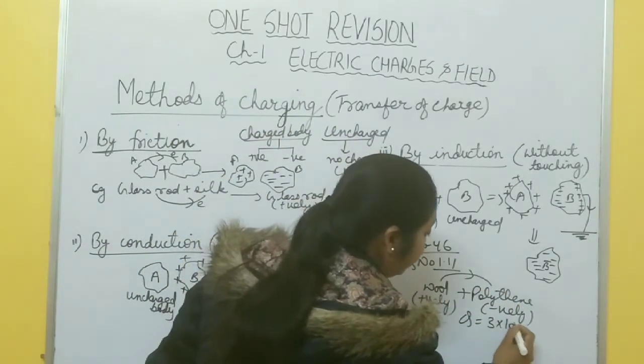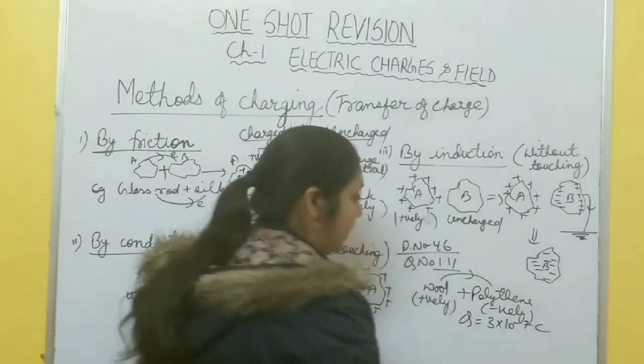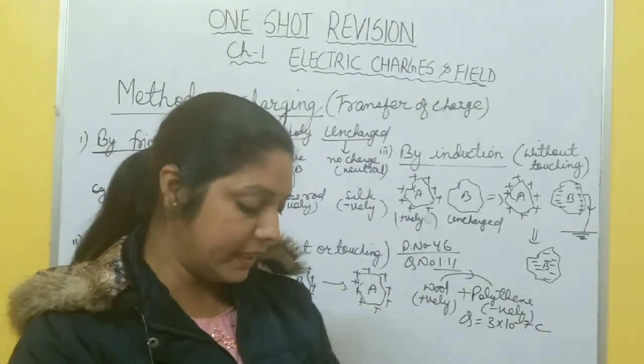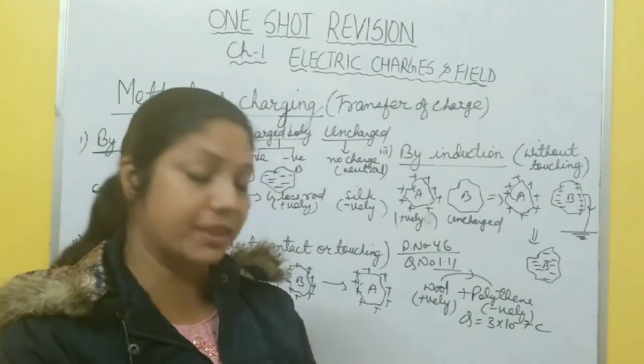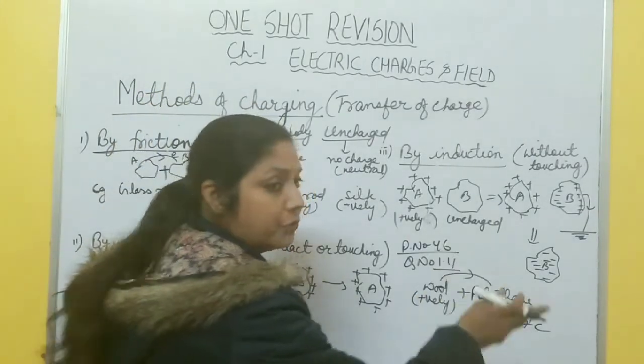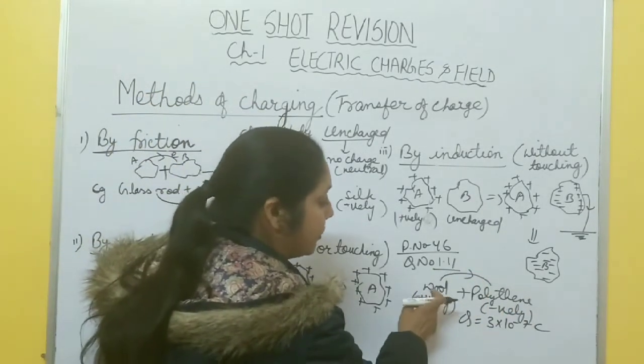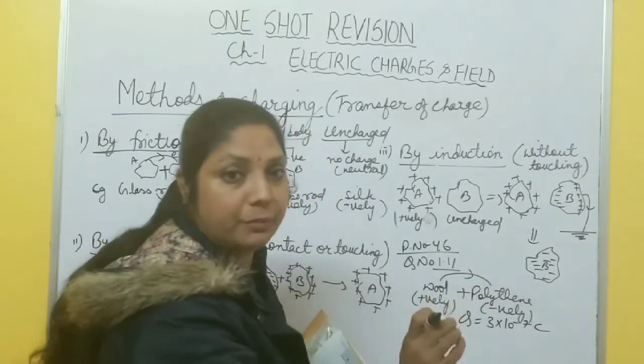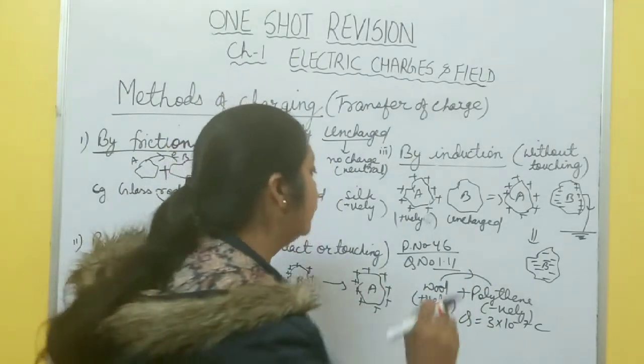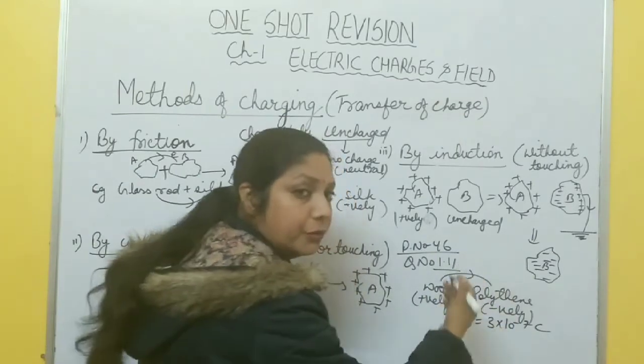Now, in the first part, estimate the number of electrons transferred, and from which to which. So it's clear that electrons are transferred from wool to polythene because polythene becomes negatively charged.